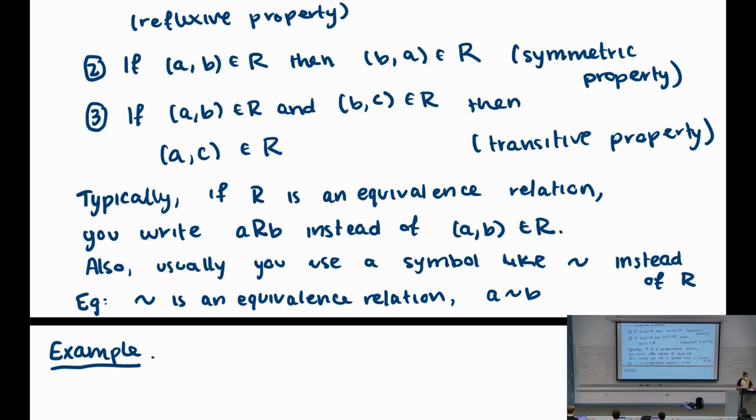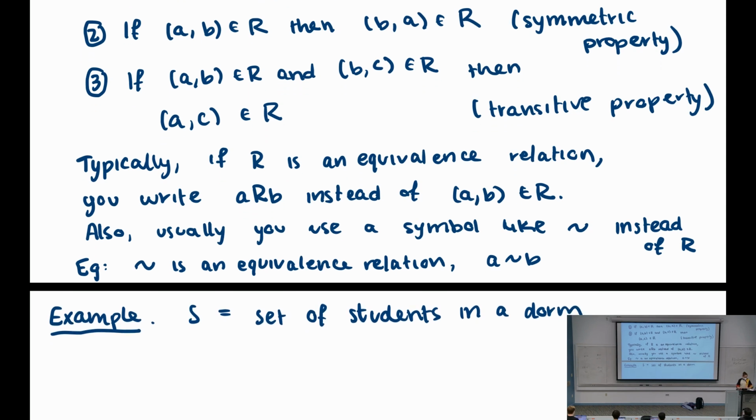So I'm going to let S, my set, be the set of students in a dorm. And then we'll let A tilde B if A and B are roommates.